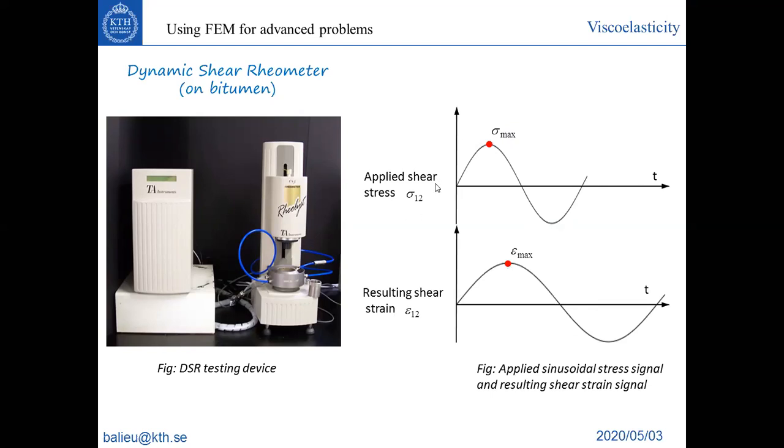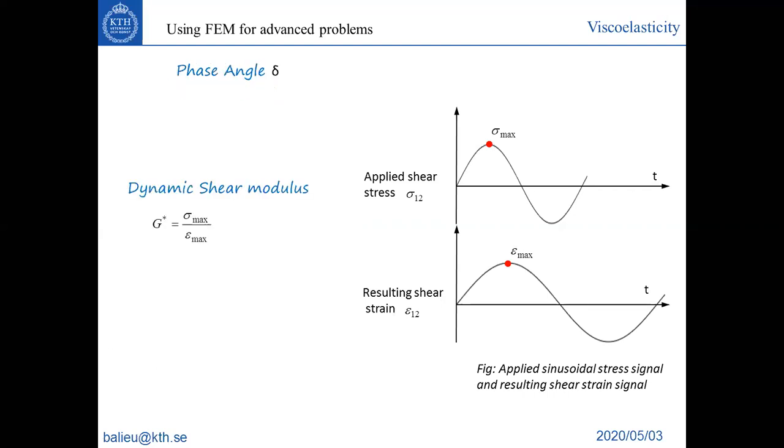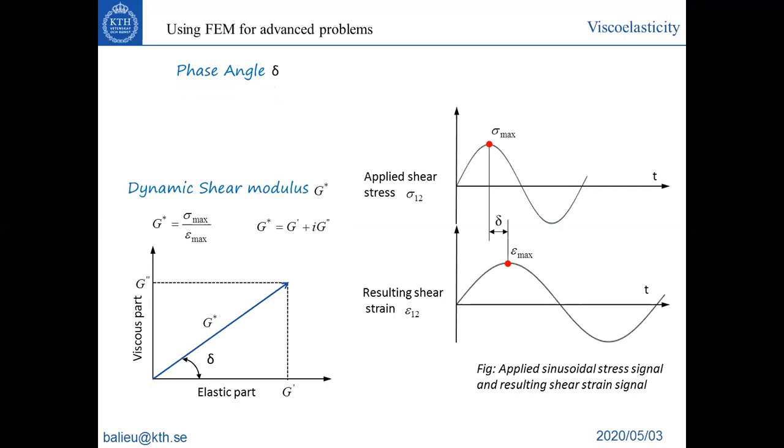So if you apply a stress here, you get a peak stress in your sinusoidal signal, the maximum stress, and there is a time delay before you get the maximum strain.